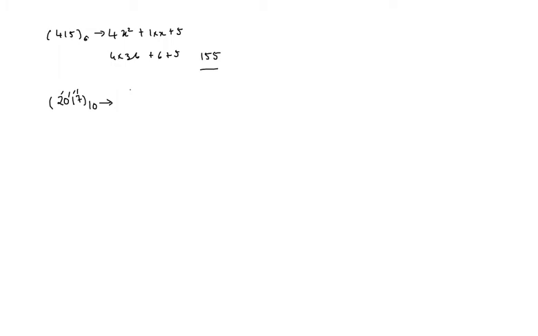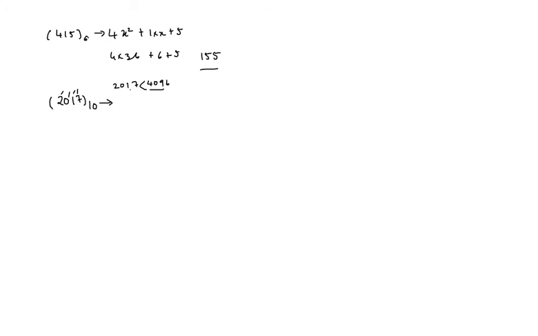So to find out how to write from left to right, we have to find the highest power of 8 that comes in 2017. So 4096 is 8 raised to 4 and 2017 is less than that, which means I have to start looking at 8 cube.